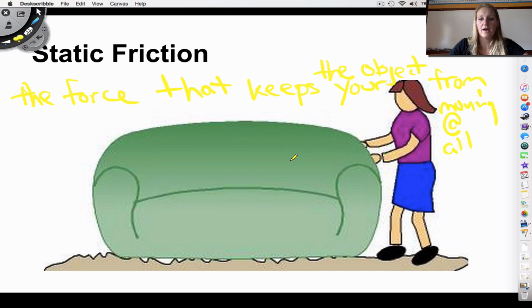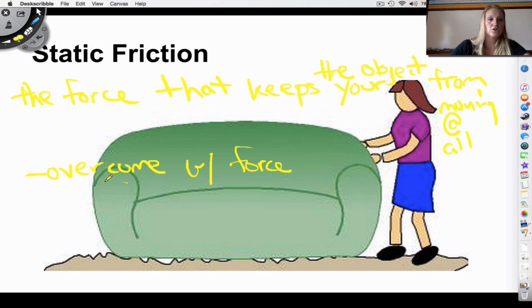That is why a couch is really hard to move, because there is a force, the static friction, keeping it from sliding. This can be overcome with a force, as you know, we can move a couch. So you can slide a couch, but sometimes you really have to put your back into it. Sometimes it's much easier to slide something based on the surface that it's on, and that would be that sliding friction right there.